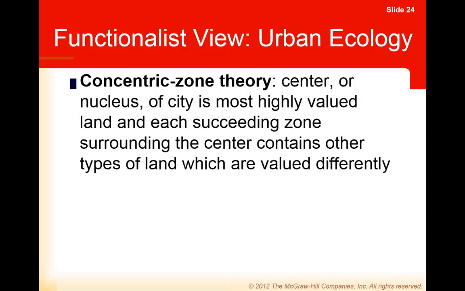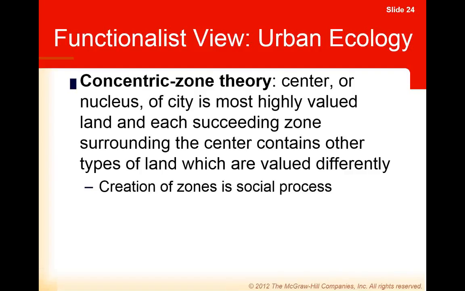This is where the most highly valued land is, and each zone as you move out in concentric circles contains other types of land which are valued differently. You'll have some for residential, some for manufacturing, some for other purposes. You may have a textile area and things like that. And then depending on what's going on there, the lands are valued differently.